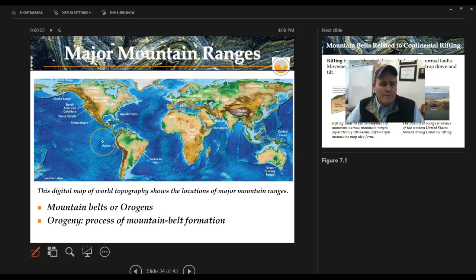Okay, so major mountain ranges usually occur in places where we have some kind of plate boundary interaction. Okay, all mountains in the world are a result of some kind of plate boundary interaction. Some of those plate boundaries are no longer occurring, or there's some hotspot-related material with it or something of that nature.